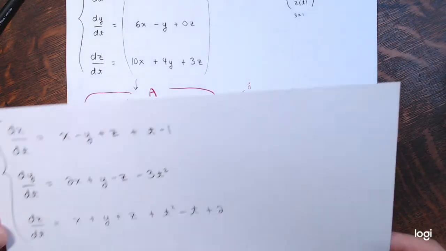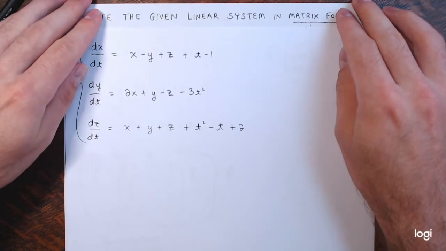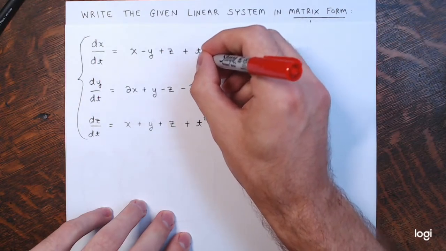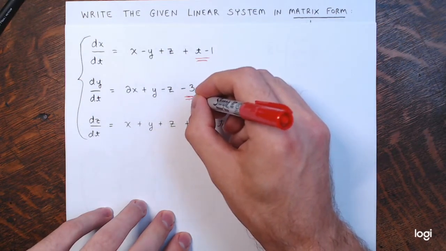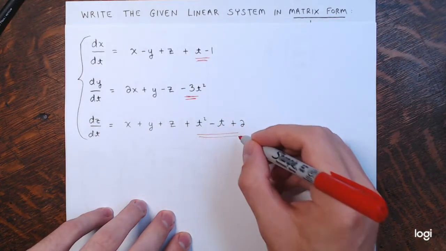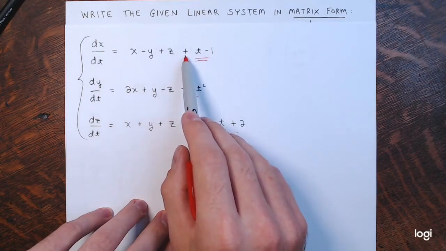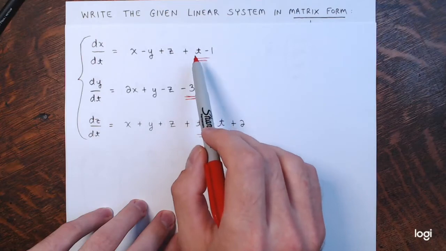I got one more. Now the first two examples were of homogeneous linear systems of first order. This time, I have these functions of t that are added on after the x, y, z terms. First one I got x minus y plus z, then plus some function of t, t minus 1.